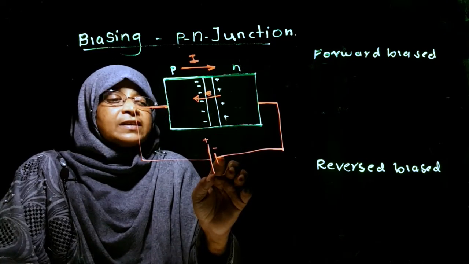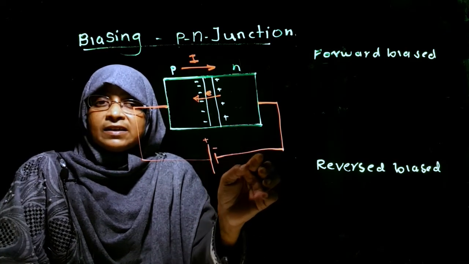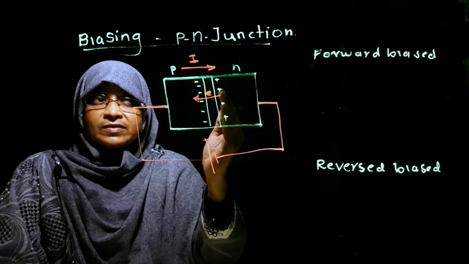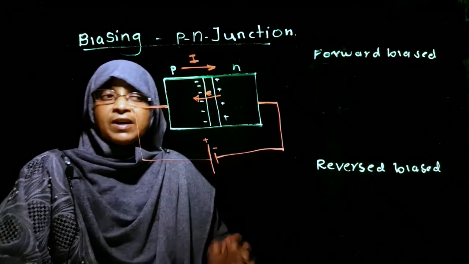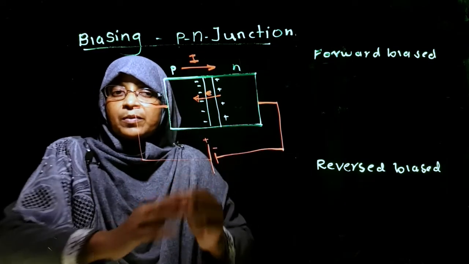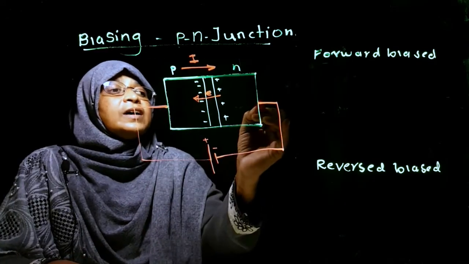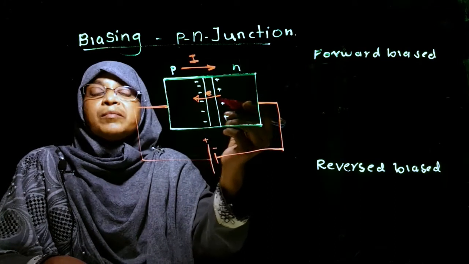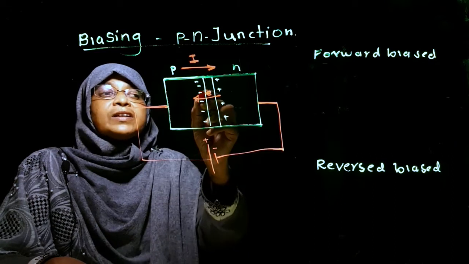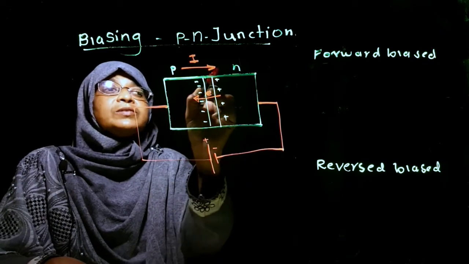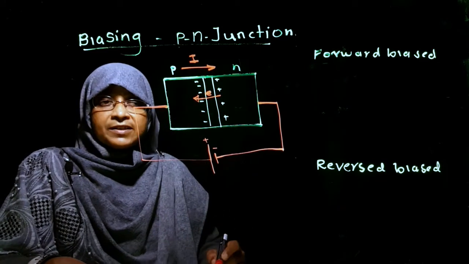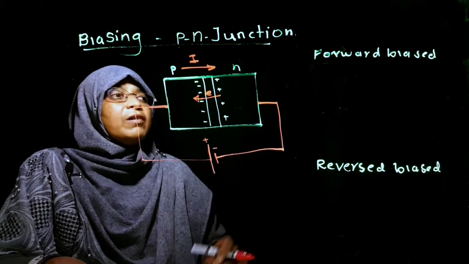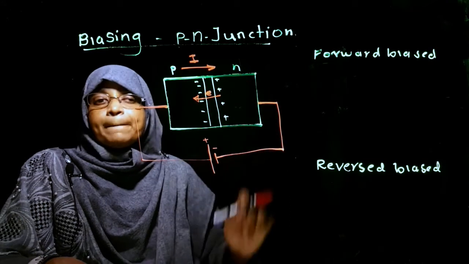When the electrons from the cell push these electrons, the depletion area becomes narrow. So the high negative potential overcomes this barrier. So electrons flow, and current flows in the opposite direction. This type of connecting the cell is called forward biasing.